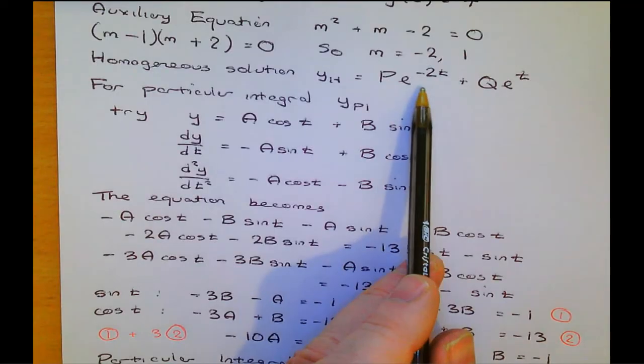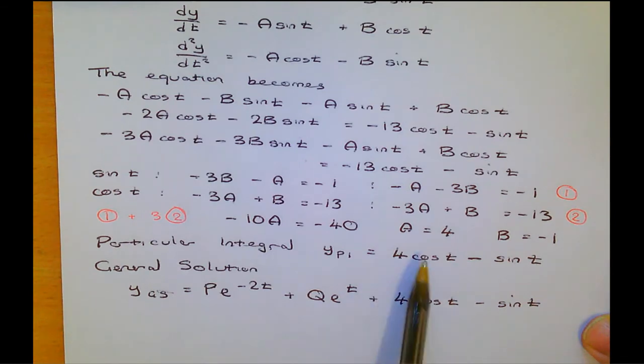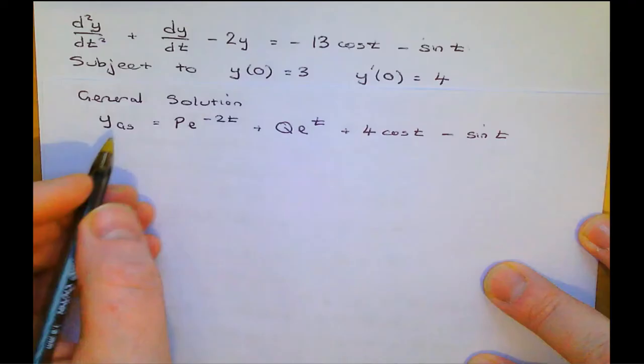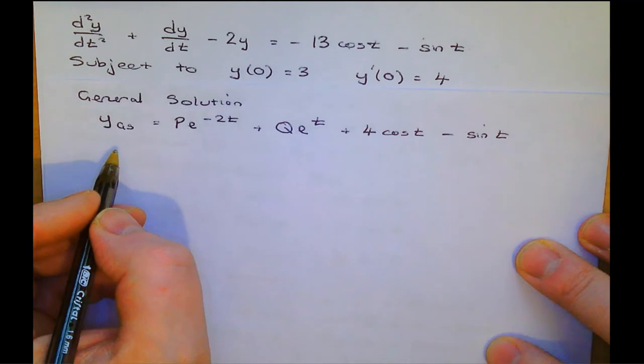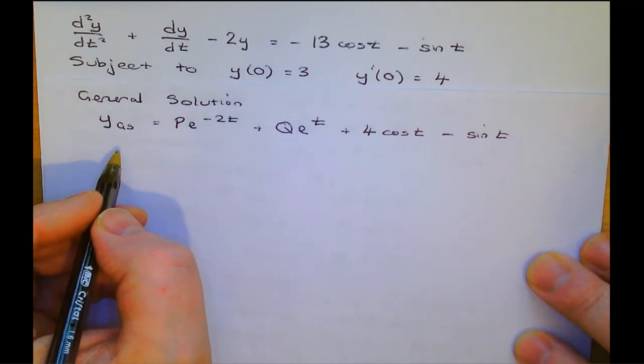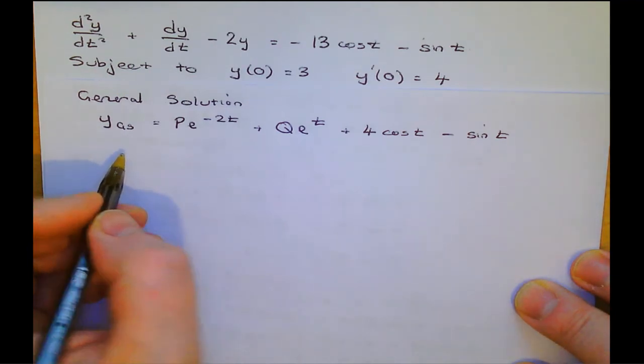That was from the homogeneous solution. And then we add on the particular integral here. We've got the general solution. So now that we've found the general solution, we can then look at applying the conditions.